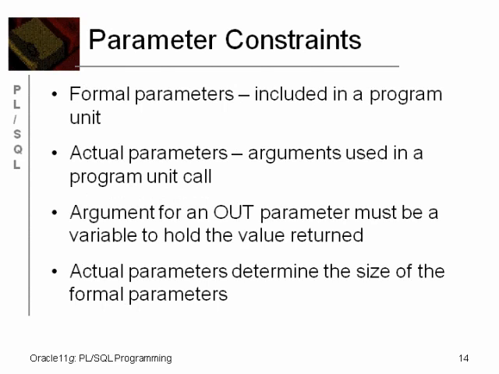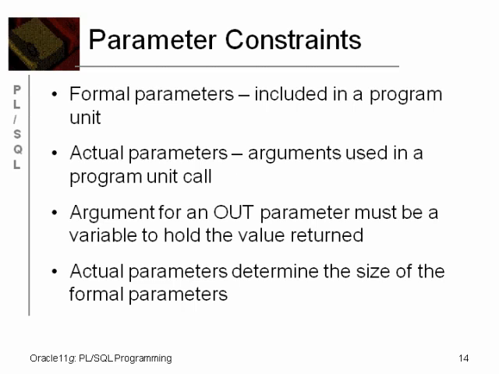Okay, parameter constraints. They talk about in this section on pages 228, 229 some definitions that you should make sure that you understand. The formal parameter is what is in the program unit. So formal parameters are what we declare inside the function or the procedure create or replace statement.